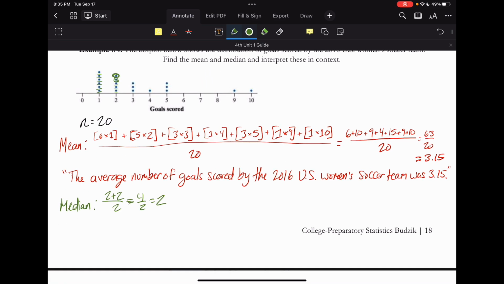And again, remember the median is the midpoint or the halfway point. So that means that half of the time the data falls below it, half the time it's above it. So in this context, in half of the games, the 2016 U.S. women's soccer team scored less than 2 goals.